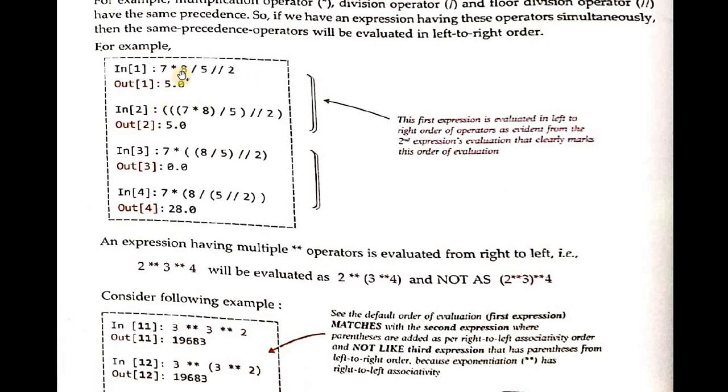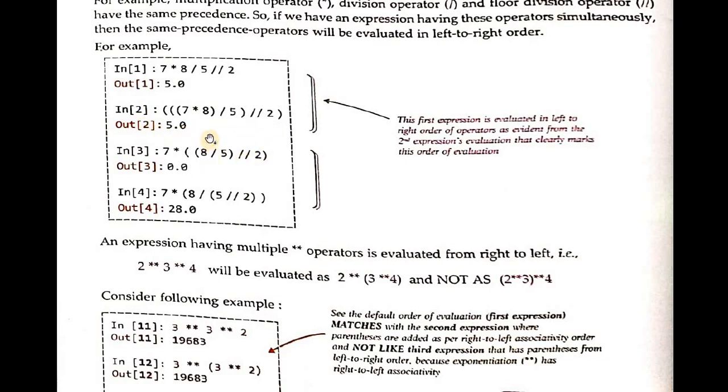The 7 multiplied by 8 will evaluate first, so you will get 56, and divided by 5. Then the result will be divided by 2, and this is the floor division, so you will get only the quotient of that division.